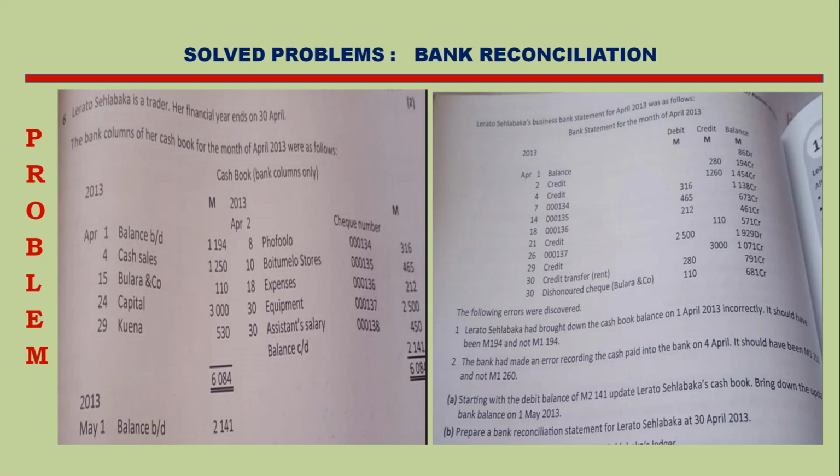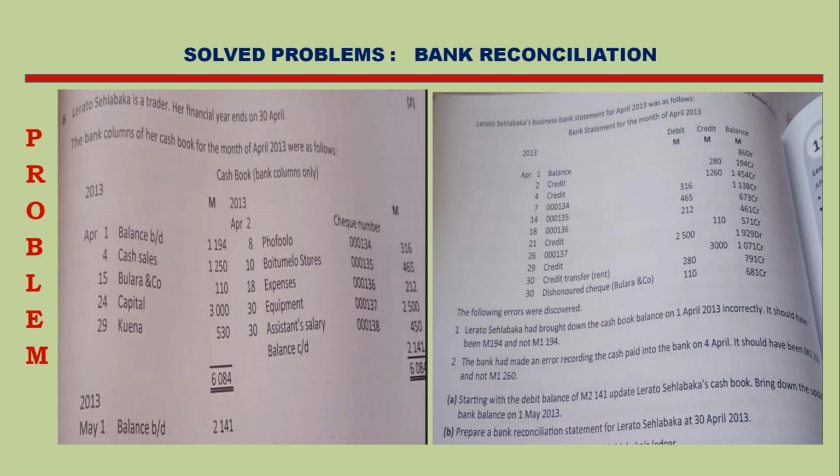Bank statement for the month of April 2013. 2013 April 1, balance 86 debit. April 2, credit 280, balance 194 credit. April 4, credit 1260, balance 1454 credit.